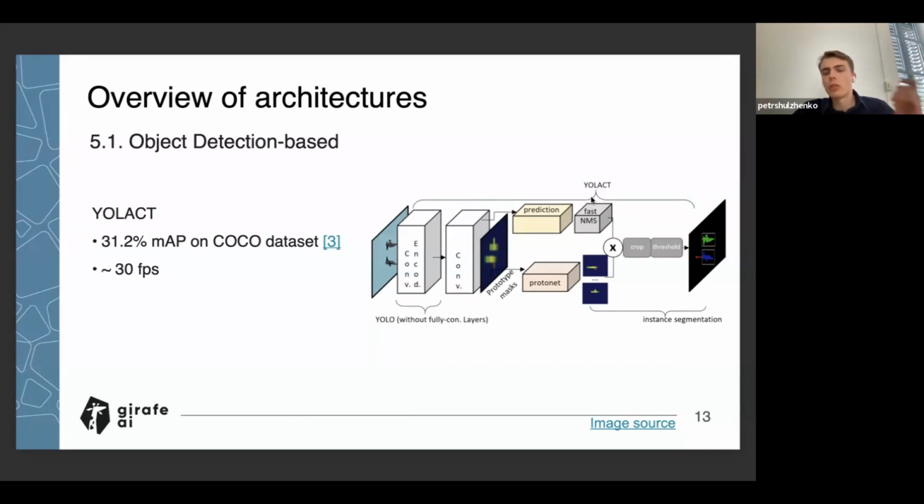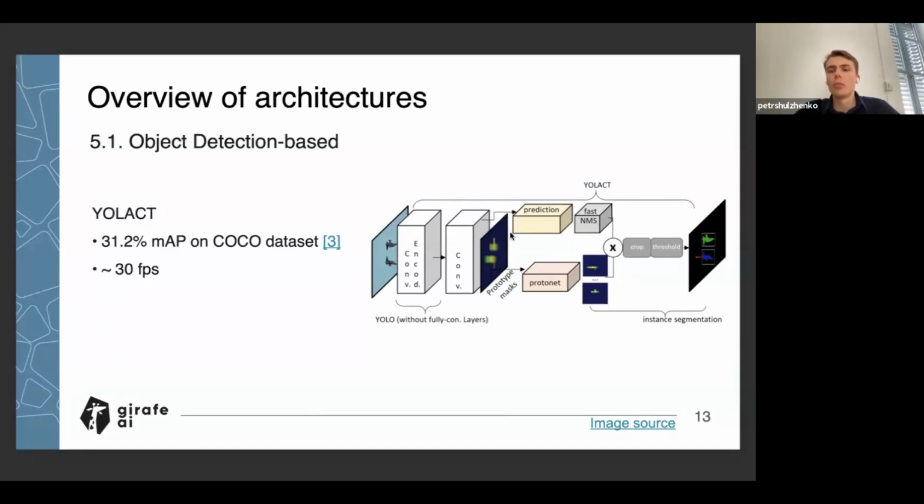For example, here you can see the YOLACT architecture. It's a bit trickier than this. In parallel, you make mask predictions, and also you predict the actual scores for instances, and then you merge them like this.